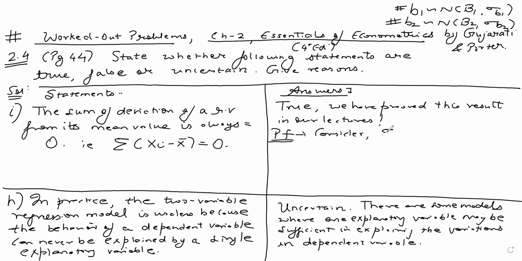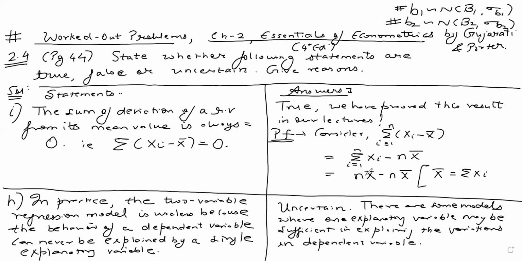Consider summation xi minus x bar as i goes from 1 to n. If I have n observations, I can write summation as i goes from 1 to n of xi minus x bar. Summation xi is nothing but n x bar, because recall that x bar, which is my mean, is summation xi by n.